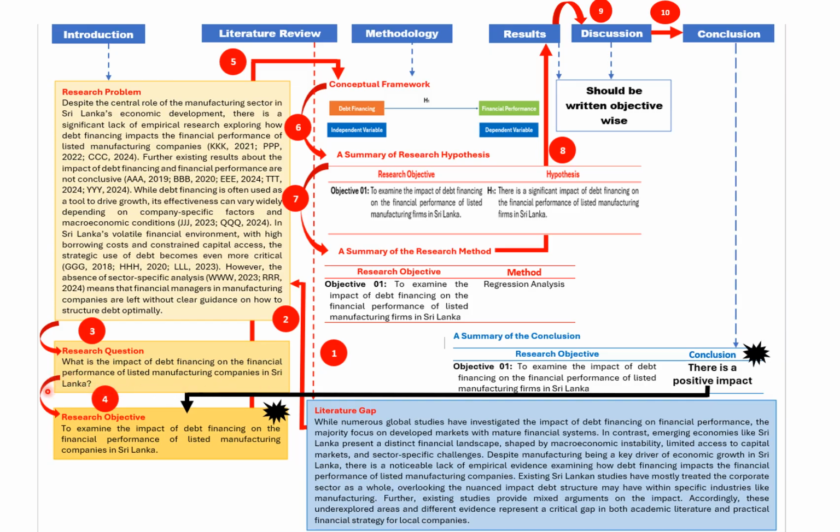So based on this research question, we are deriving the research objective, and the research objective is to examine the impact of debt financing on the financial performance of listed manufacturing companies in Sri Lanka. So you can see the research question is derived from the research problem, and the research objective is derived from the research question. Right? So that is the fourth link that you can see.